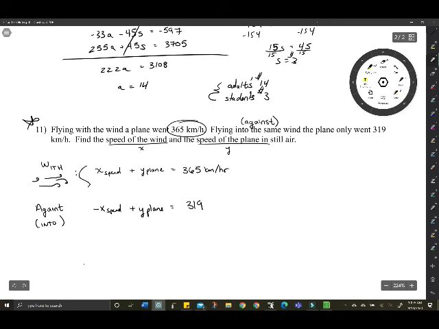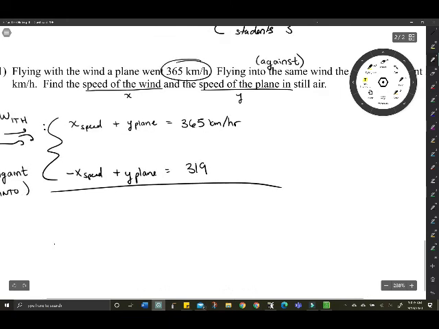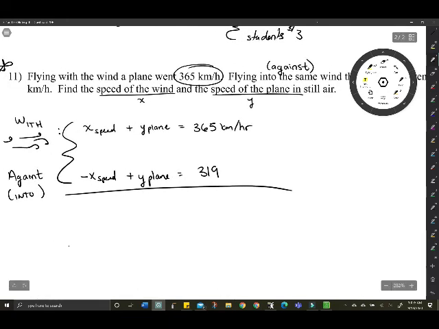So if you have that set up, and I know it's jumping here, but we're almost finished. If you have that set up, it's pretty easy actually from here. The speed of the wind with and against are going to cancel out. Now be careful.